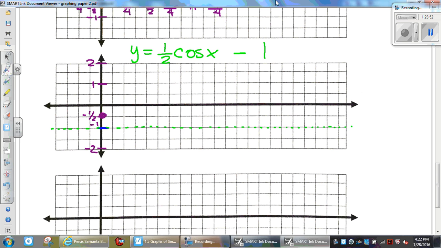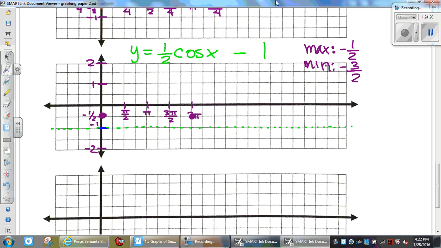So let's make this pi over 2, pi, 3 pi over 2, and 2 pi. The maximum y value was -1/2, and the minimum y value was -3/2.